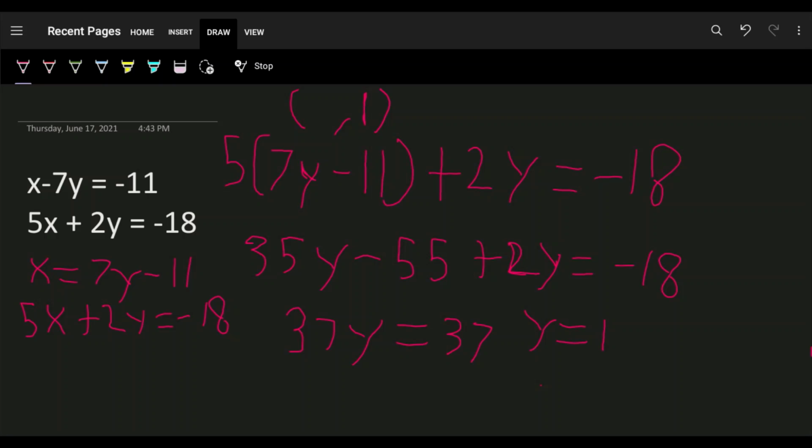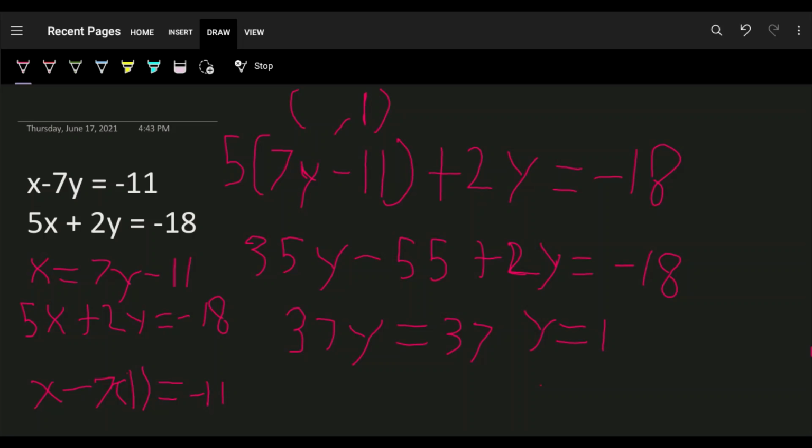Now we need to find the x variable, and we could do this by plugging y back into the original equation, as both equations are equal at this point. And that is going to equal negative 11.